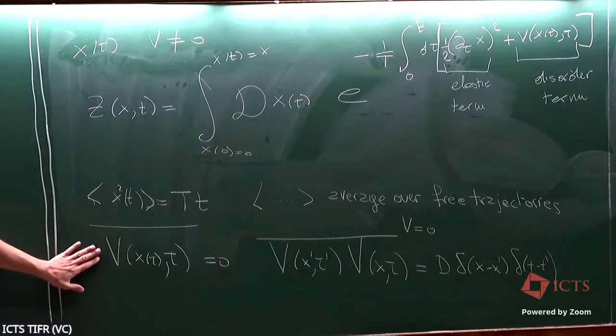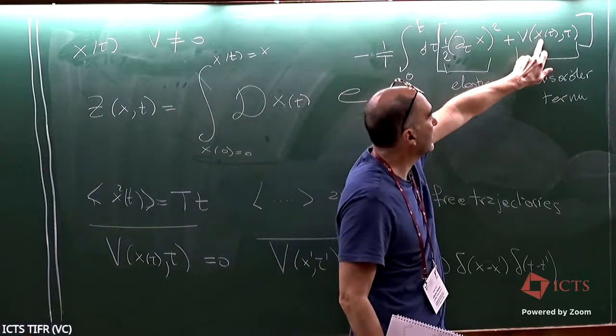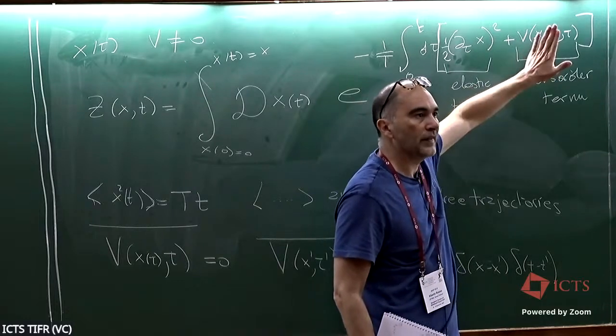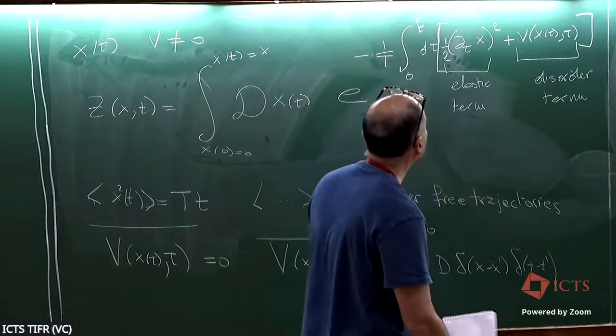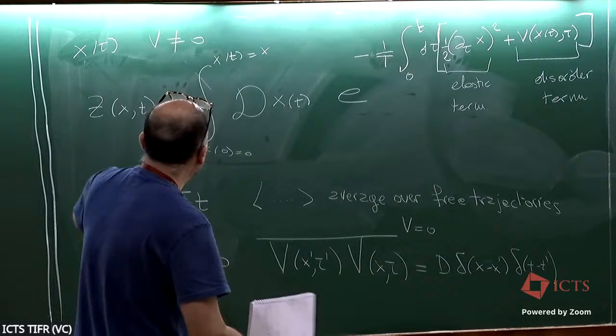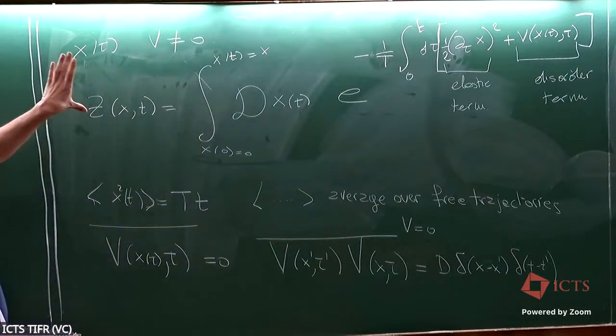But I will use this disorder. Again, the important thing is that this is a quadratic term, and this is strongly non-quadratic because it's stochastic, non-linear. It has everything terrible that you can imagine. And so what we want to do, our goal, is to determine what this Z is.